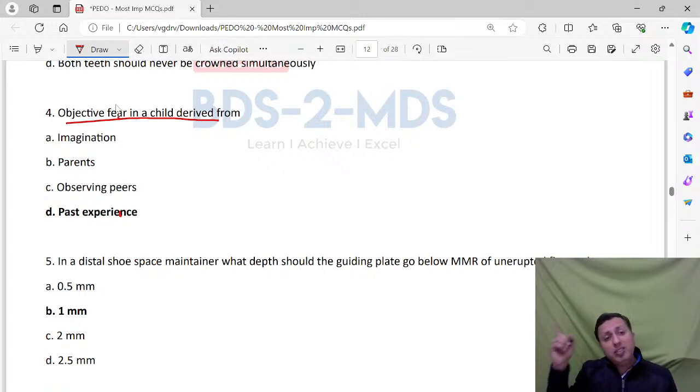So that is called a subjective fear. But here they are asking that the objective fear is mainly because of the previous past dental experience. So the correct answer for question number 4 is the past experience.